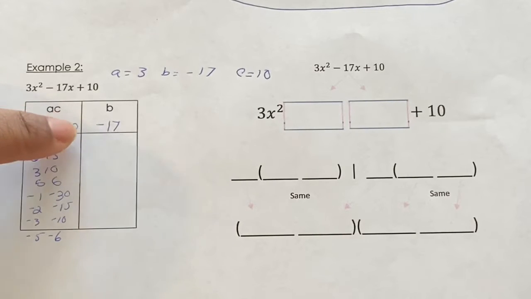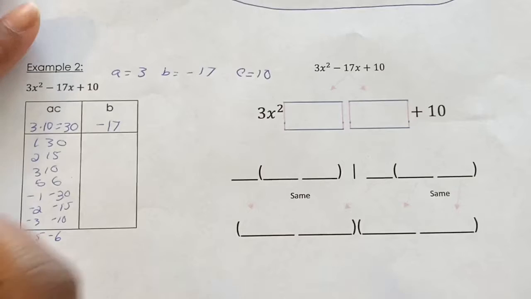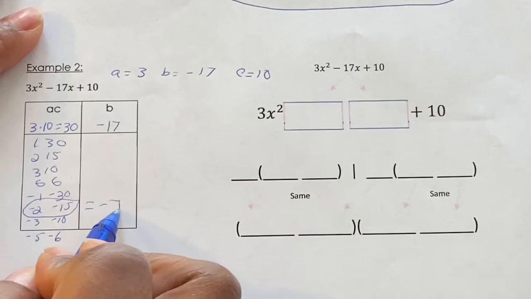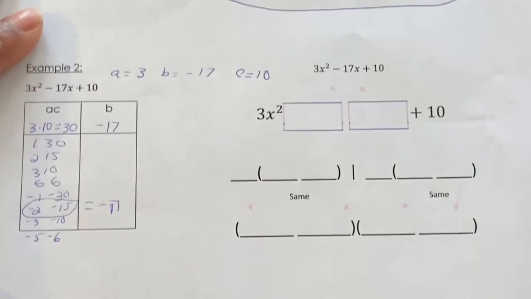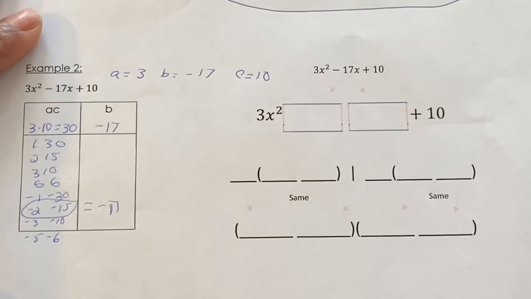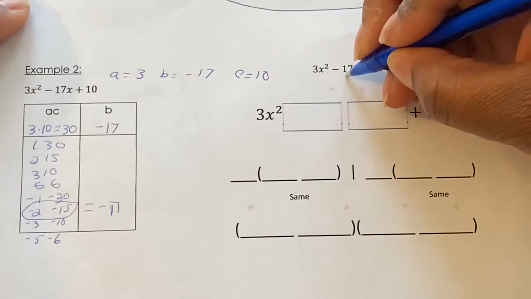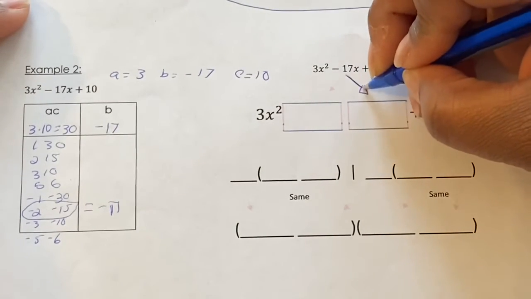Now, which one of these factors add to make negative 17? That would be negative 2 and negative 15. Okay, so negative 2 plus negative 15 equals negative 17. So then I'm going to break this negative 17 into two parts.